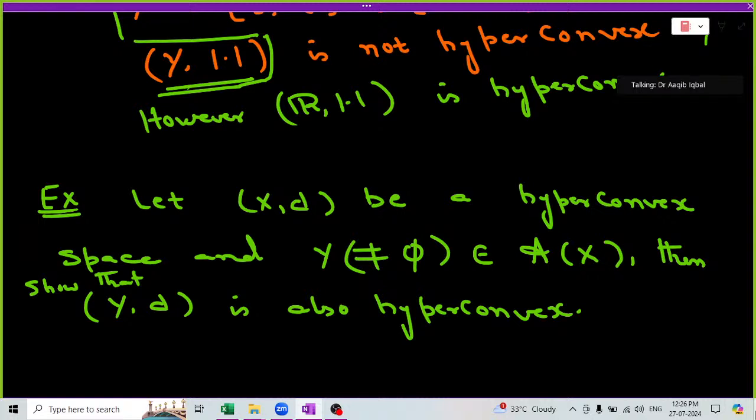In order to prove hyperconvexity of (Y, d), you'll start with such a collection of closed balls in (Y, d). वही करते हैं ना हम, and we'll eventually show that the intersection of all those subspace balls is non-empty. अगर ये आपने किया, the subspace will be hyperconvex.